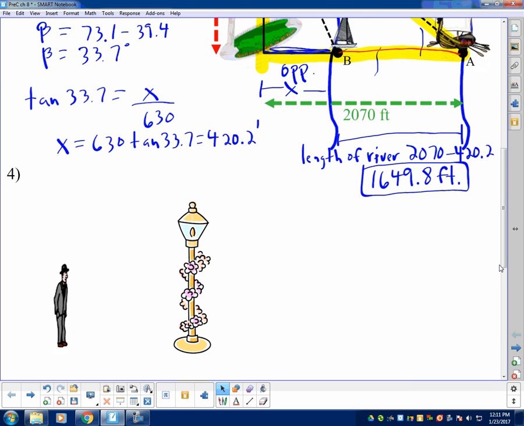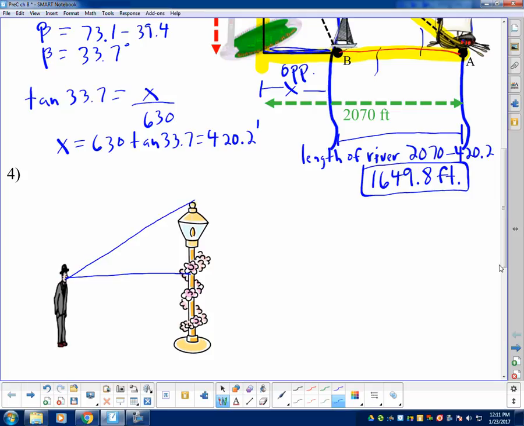All right, one more here. Let's do this one more. Might wait on number 5. But it says a person observes a lamppost with an angle of elevation of 12 degrees to the top of the lamp and an angle of depression of 7 degrees to the bottom. So let's draw a line of sight here. We'll go straight there. So you could look up to the top of the lamp.